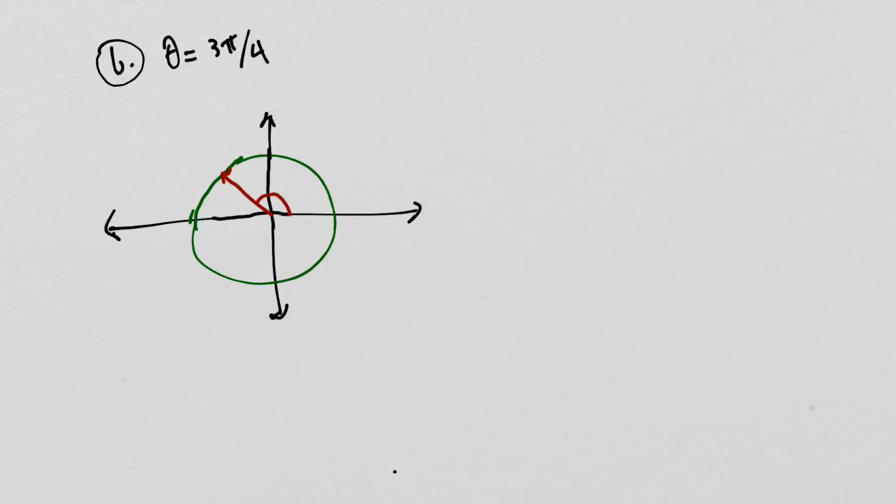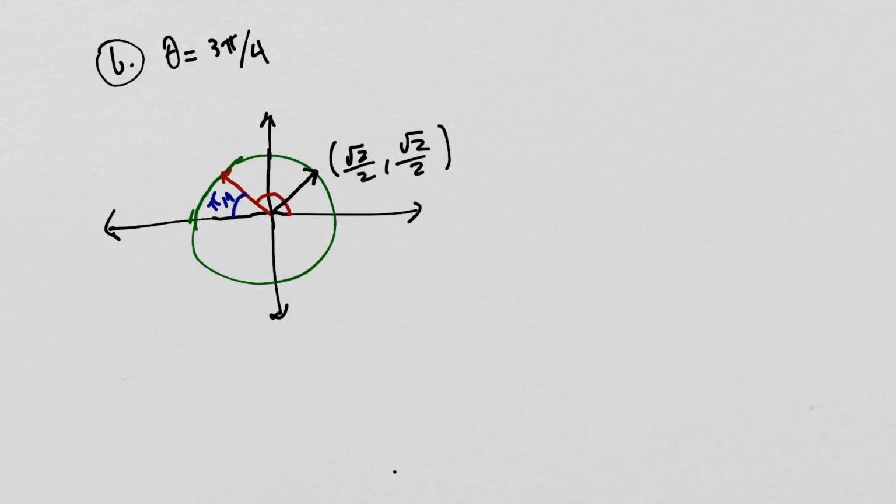Then what we can gather is the remaining angle over here is going to be pi divided by 4. Again, by symmetry, what we know is that pi divided by 4 in the first quadrant corresponds to the point square root of 2 divided by 2 and square root of 2 divided by 2.